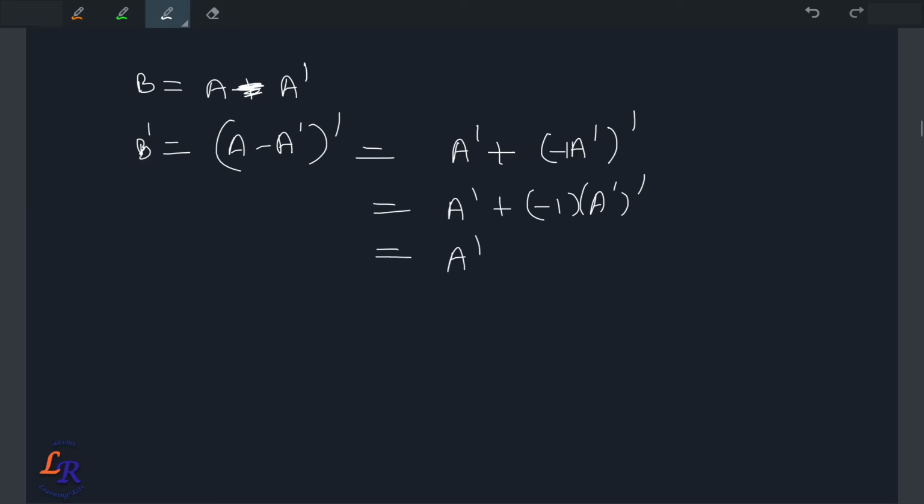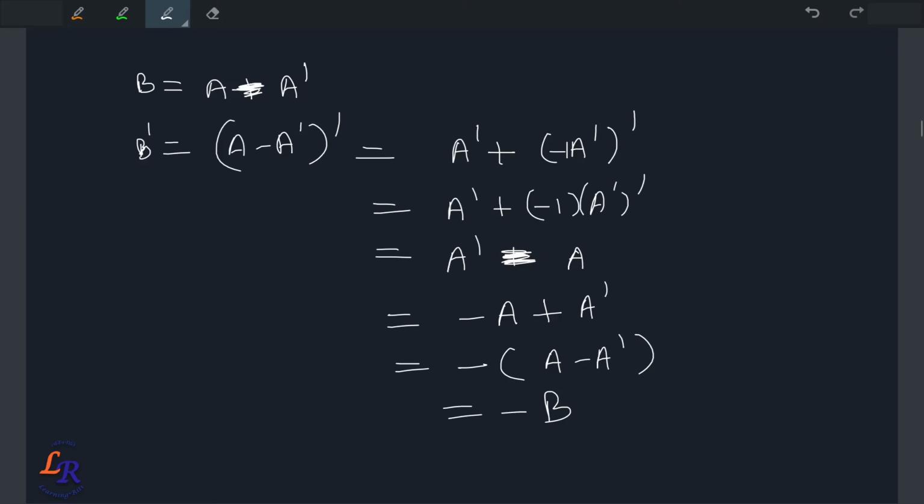Then you have A dash plus, this is plus and this will become minus, and then A dash dash becomes A, right? So now if you commute, it can be minus A plus A dash, and if you take minus out, then you can write A minus A dash, which is your minus B, right?